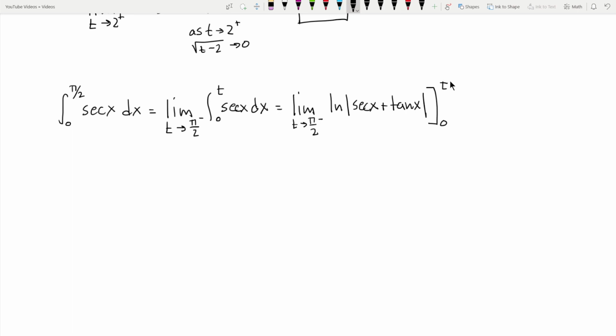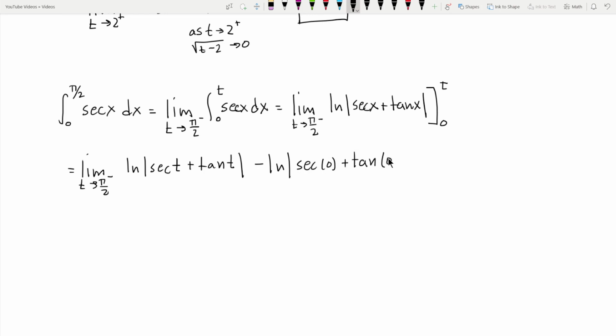If I put in t, I get ln of the absolute value of secant t plus tangent t, minus ln of the absolute value of secant of 0 plus tangent of 0.